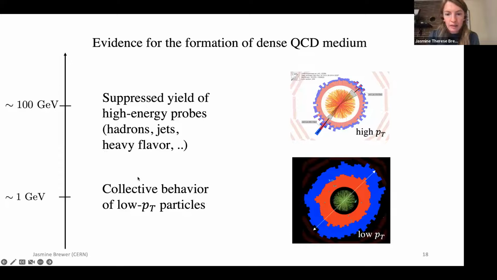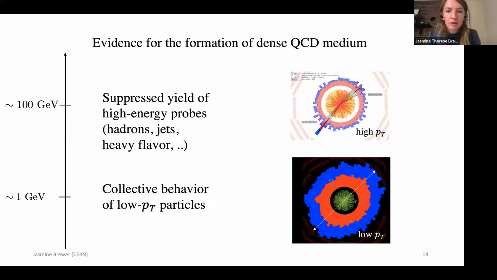One is that relatively low momentum particles produced in the collision have characteristic correlations between them that imply collective behavior, indicating that they experience strong interactions between one another that generate these long-range azimuthal correlations. These correlations are on relatively low scales, on the order of the temperature of the plasma.